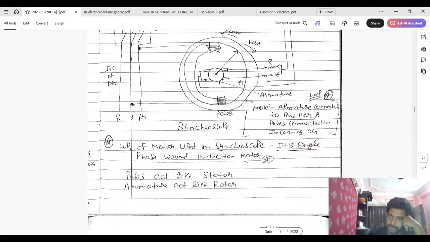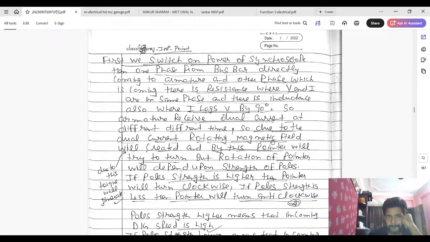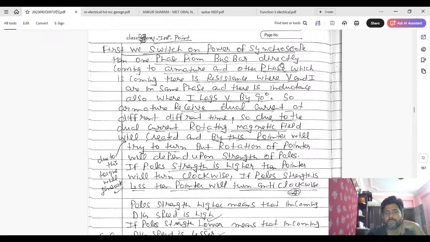The current passing through the inductance will lag the voltage by 90 degrees. So one phase is connected directly to the armature, and the other phase has a resistance where V and I are in phase, and an inductance where I lags voltage by 90 degrees. So the armature gets dual current at different times.